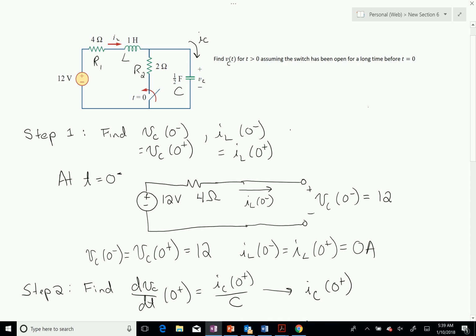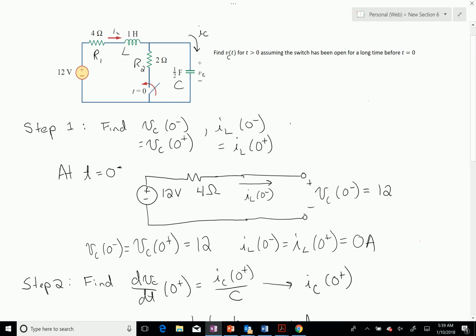Because this capacitor current is defined going this way, I know that initially, at time t equal to 0, the current is going to be outward. It makes sense because this starts at 12 volts and ends at 4, which means that charge has to leave, which means the current's probably going to flow out rather than in. But again, it's important to keep the current consistent throughout.